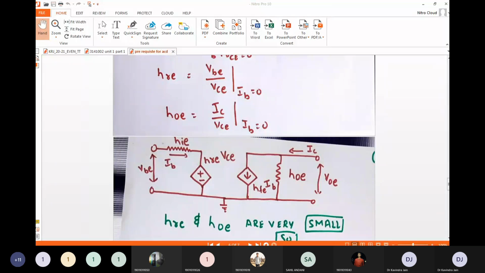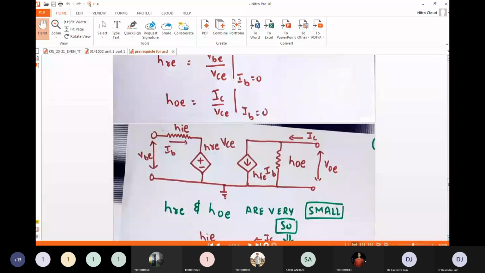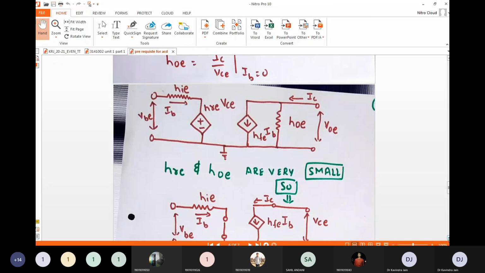Now the thing is that in the given circuit, HRE and HOE are very small. I repeat, HRE and HOE are very small. So the circuit would be modified. The modified circuit is something like this.